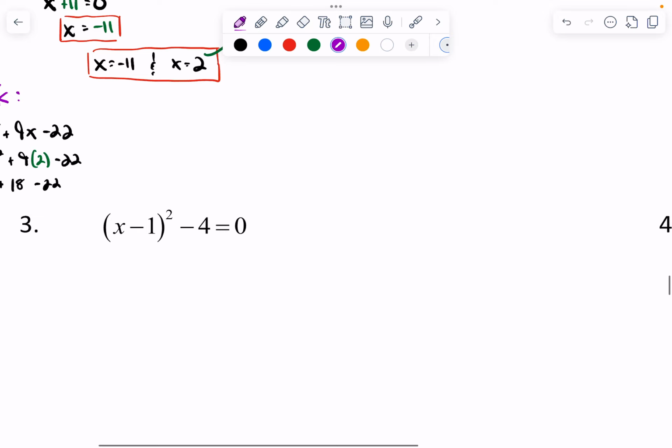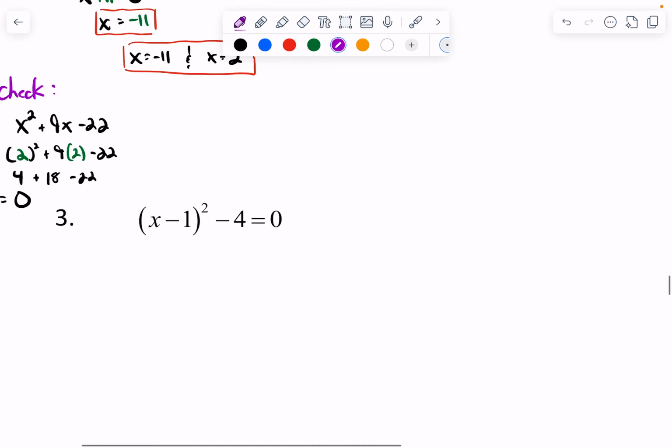All right. x minus 1 squared minus 4. Well, again, massive avogadro. I hope that Kahoot helped a lot of you out. But notice here that we have a difference of squares. This is a square, but 4 is also a square. All right. So the difference of squares formula is a, the square of the first term, plus b, and then a minus b.